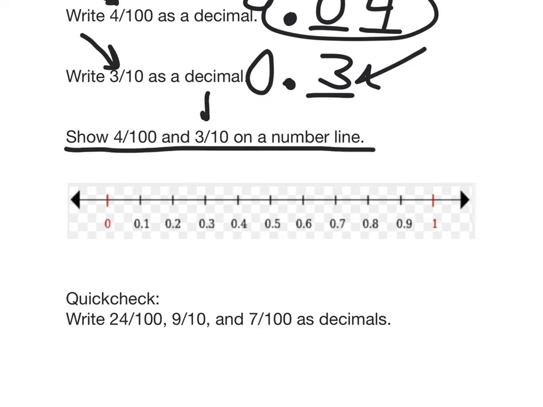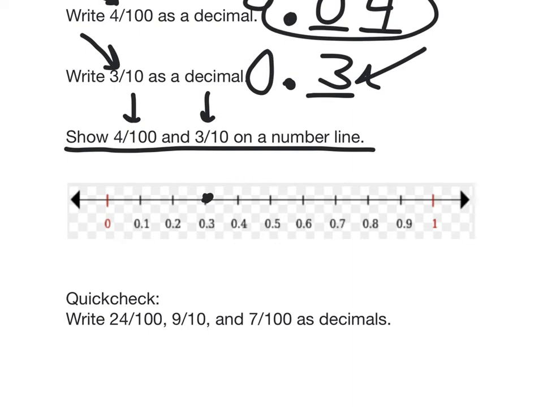This one is easier because this number line I chose is split into tenths. So 3/10ths is right there. It's the 3 in the tenths place, the 3 in that first spot after the decimal. This one's a little bit harder. 4/100ths. Because this number line is only split into 10 sections, it's only split into tenths. So I need to split it into more sections. I need 100 sections.